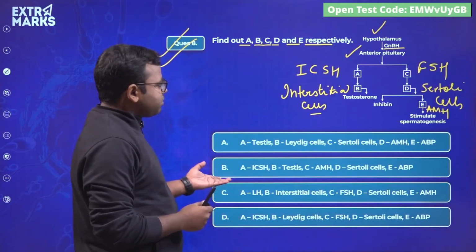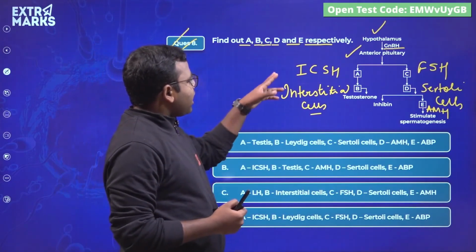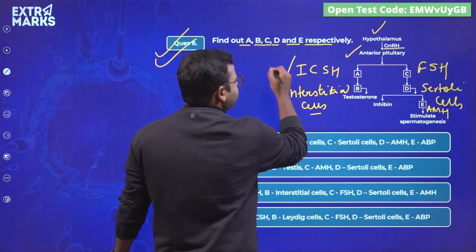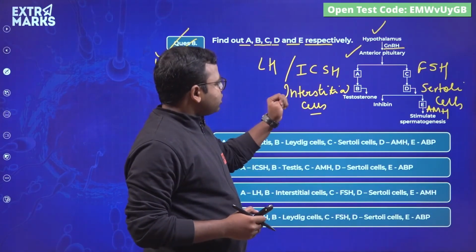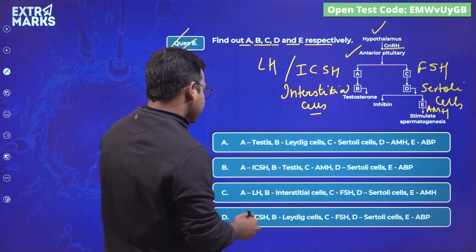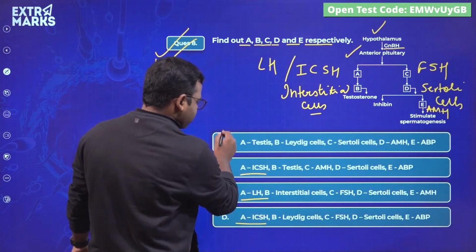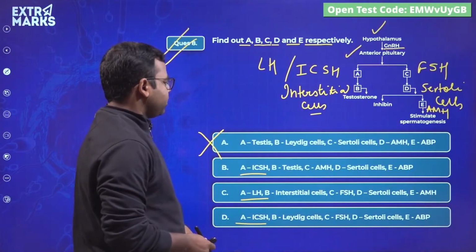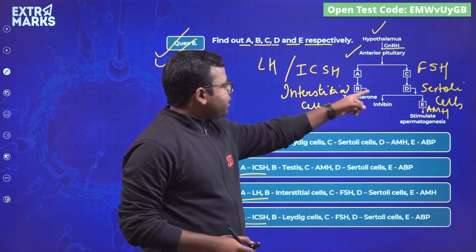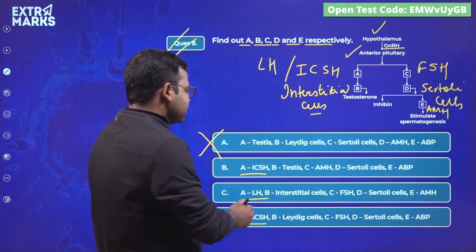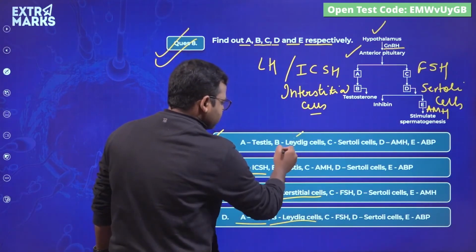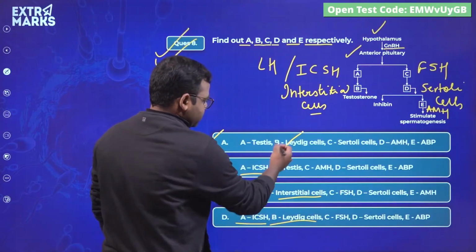So which option is being correct here accordingly? If option here is LH also, that is also correct. So LH, ICSH, A, you can see in 3 options, so neglect option A, eliminate this. Then you can see B, B should be always interstitial cells or Leydig cells. So these 2 are there, so this is also eliminated, right?